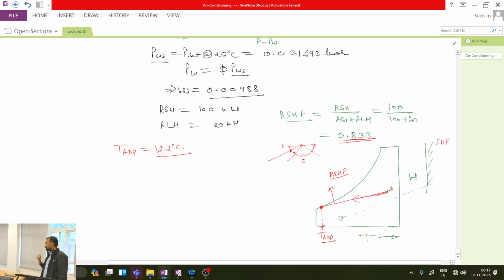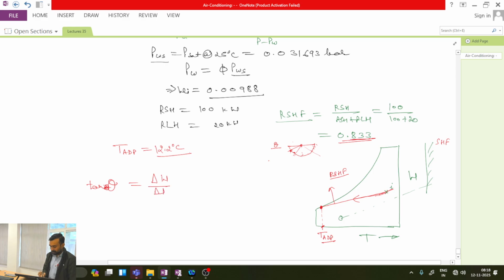Is this one clear? But in certain cases, instead of the direct value of the SHF, you may have the value of angle over here, theta. How to calculate theta? In one of the previous lectures we have done tan theta equal to, what was tan theta?